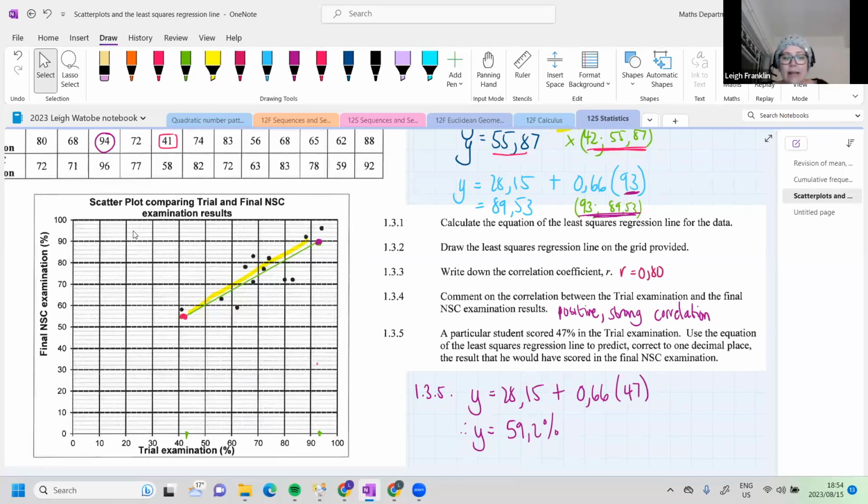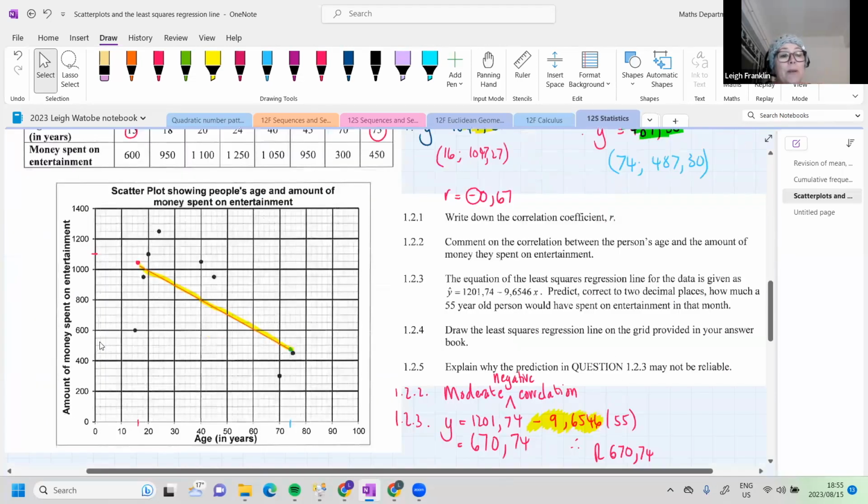It's unlikely that if you get 80% for your maths exam in trials, you're going to get 30% for finals. We would expect a mark close to 80% for your final exam as well. So that's why there is this positive correlation, or a positive gradient in this case. As you do better in trials, we would expect you to do better in finals.